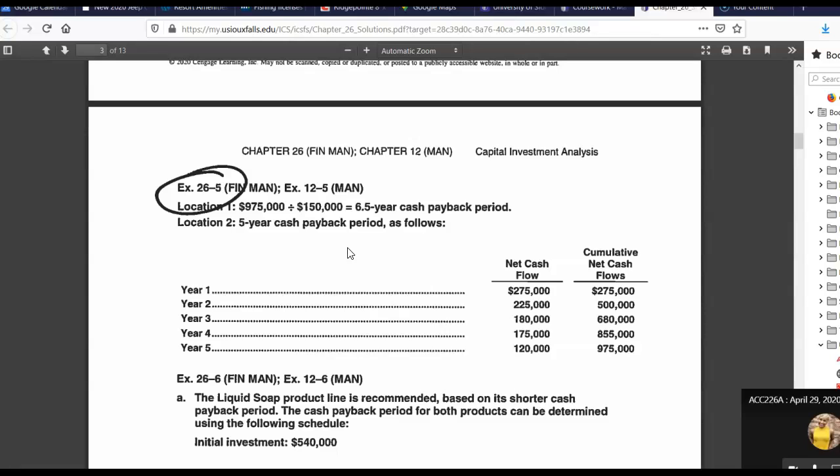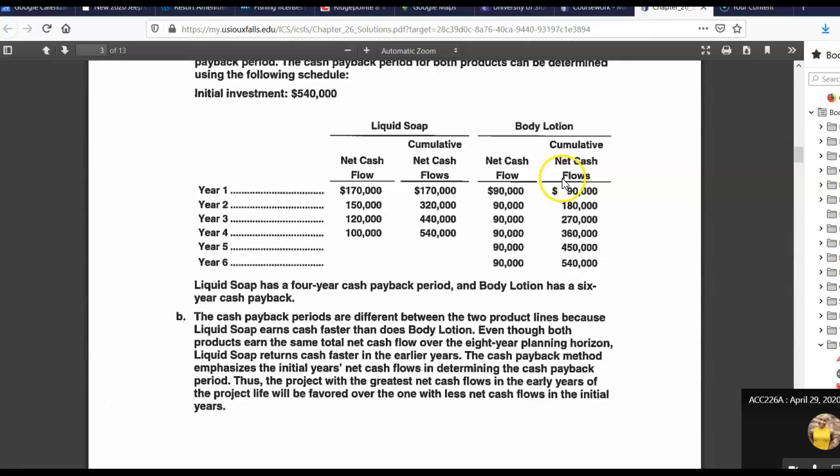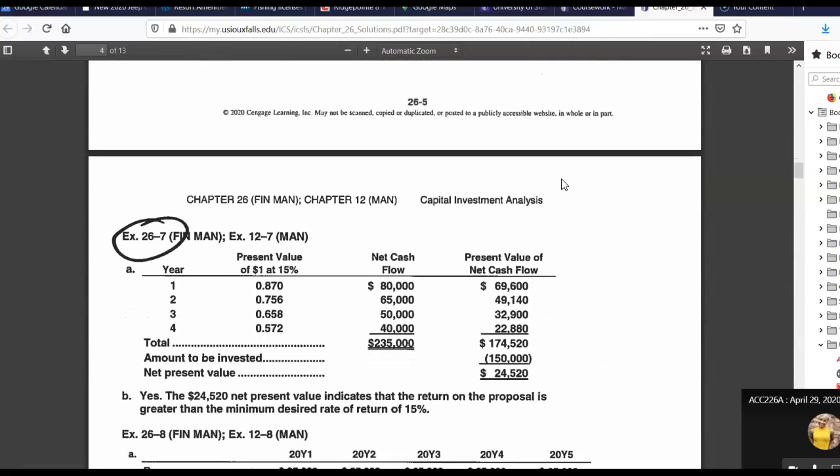Well, you know what the savings are, you know what the cost of the equipment is, so you take the cost divided by the savings, and it'll tell you it'll pay itself back in 6.5 or 5 years. All right, number 7. Before we move on, any questions over the first two?